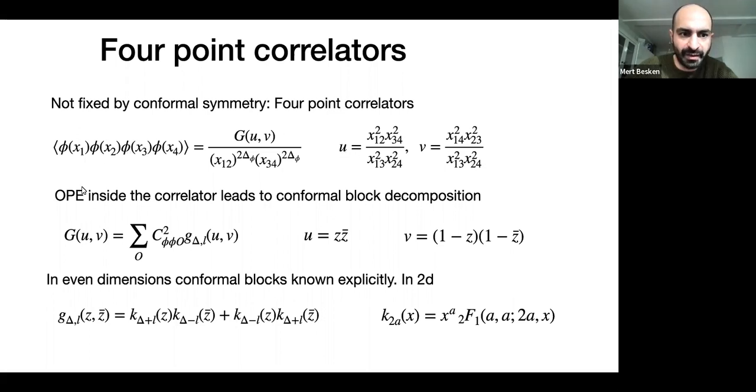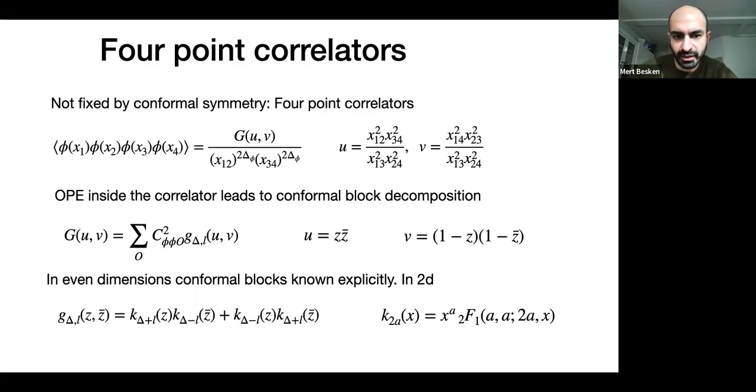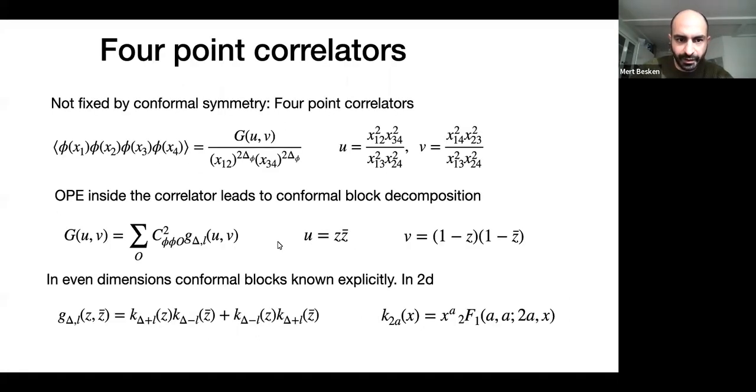So we basically take the OPE between this guy and this guy, and we use another OPE between this guy and that guy, and plug in this expression here and use the known form of this differential function, and basically we get this equation. Remember, there will be a C_ijk from each OPE, and there are two OPEs we are using here. So we'll basically have C_phi-phi-O squared summed over all the local operators in your theory.